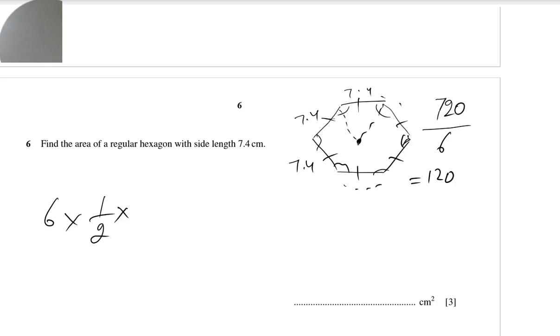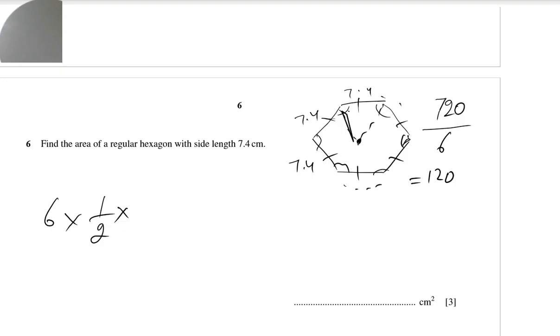Now, why would all the angles be the same? Since it's the center of a regular hexagon, this line would be the angle bisector of the 120 degree angle. This will give us 60.